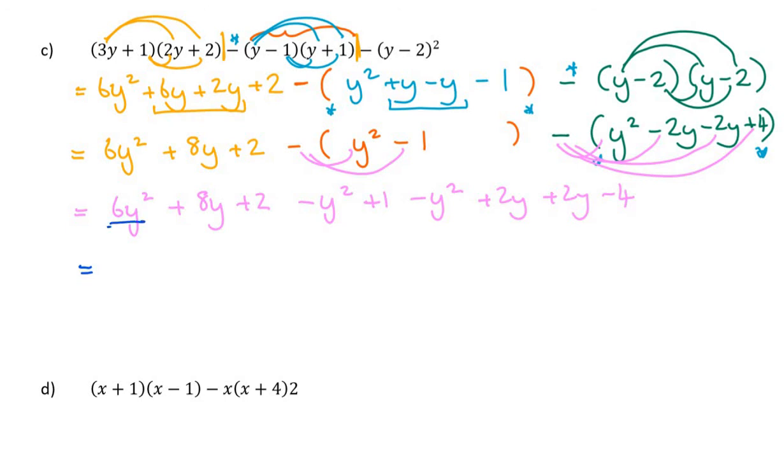So 6y squared minus y squared minus y squared is 4y squared. 8y plus 2y is 12y, and 2 plus 1 minus 4 is minus 1. So what a marathon. That would be worth a lot of marks, but there's pretty much everything you could ever be asked in that one question.